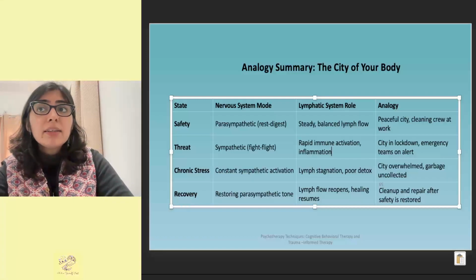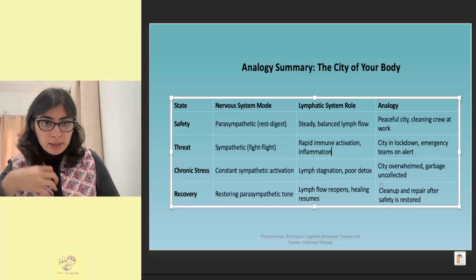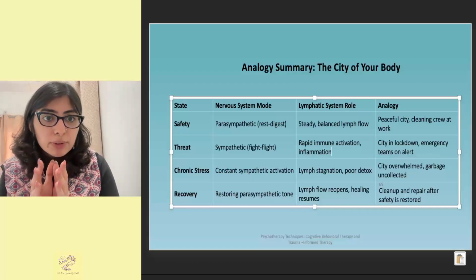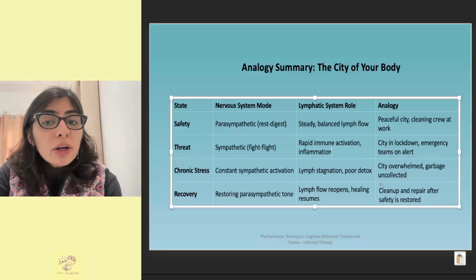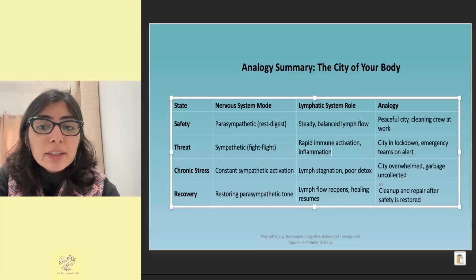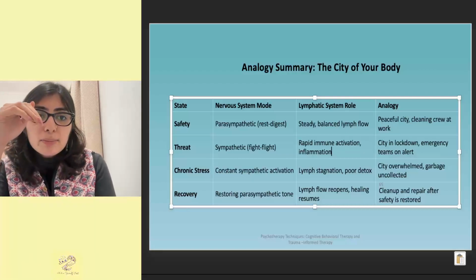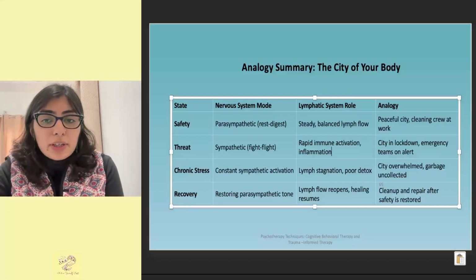Otherwise, if the lymph flow is slower in other areas, there could be accumulation of fluid which can cause swelling or inflammation. Or if we are chronically stressed, that is, the sympathetic is activated and it's not able to deactivate, it's long-term stress.